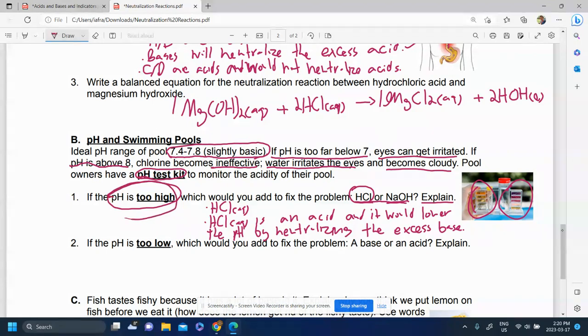So we said the pH is too high, which basically means it's too basic. So I know I have to add an acid to neutralize the extra or excess base.